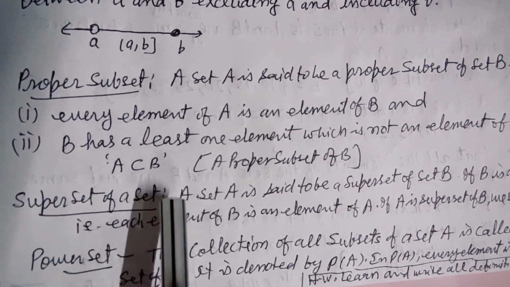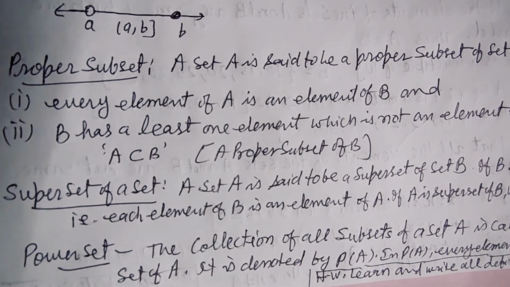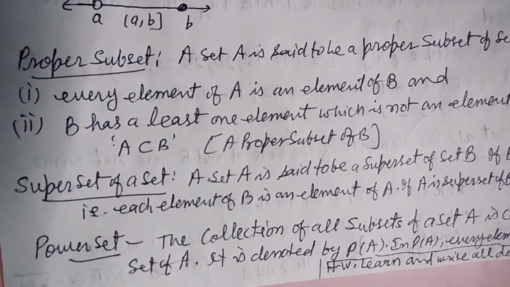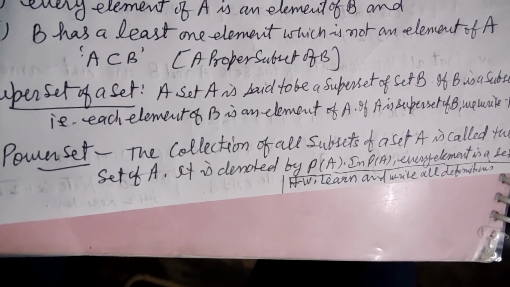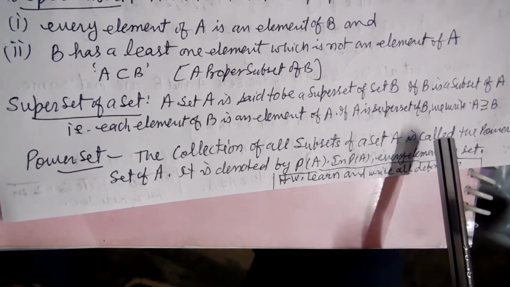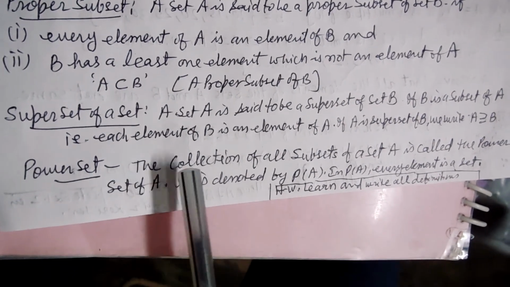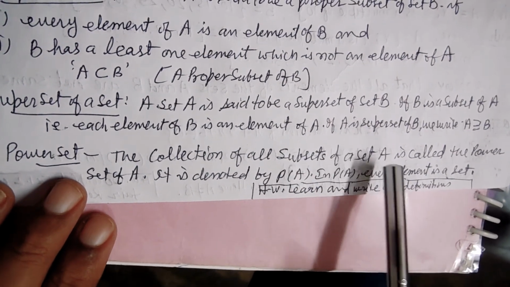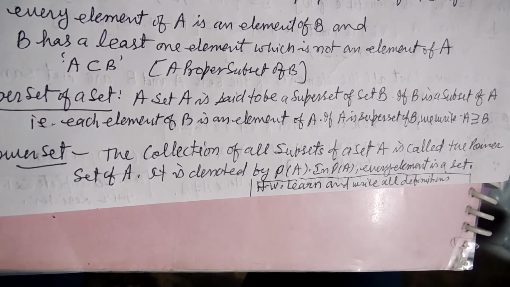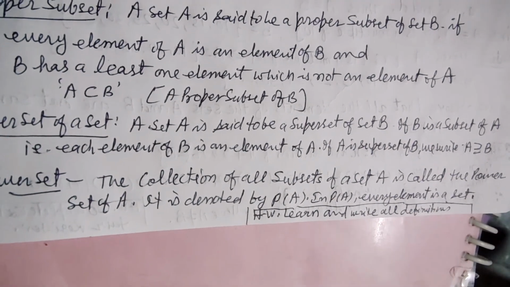This is shown by A ⊂ B, or we say A is a proper subset of B. Superset: A is said to be a superset of set B if B is a subset of A. That is, each element of B is an element of A. If A is a superset of B, we write A ⊃ B.